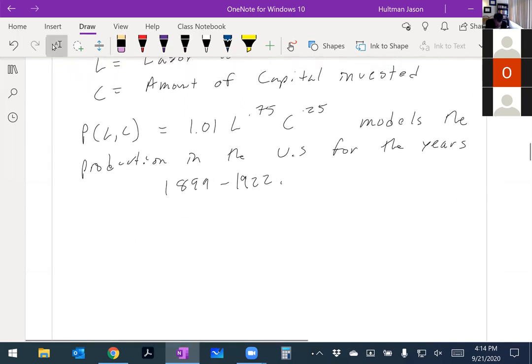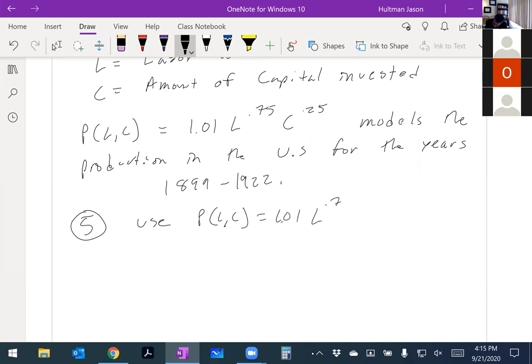Let's look at this for a little bit. Let's use the function P of L and C equals 1.01 L to the 0.75 C to the 0.25 to find the production when we have 147, and these are usually in millions, millions of labor hours and $208 million.